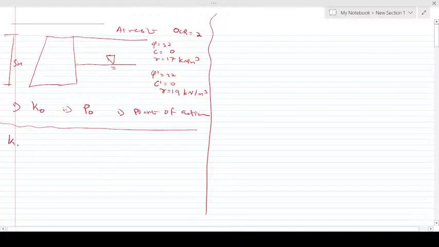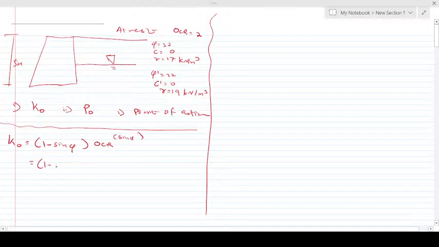Since we have our OCR and an angle of friction, which is the phi, we are simply going to use the general formula. We say that we have 1 minus sine phi multiplying the OCR to the power sine phi.